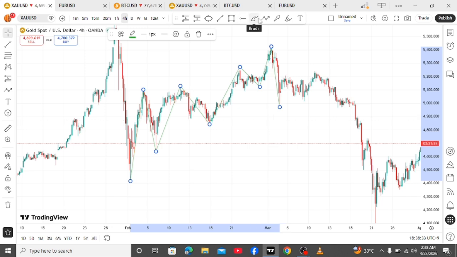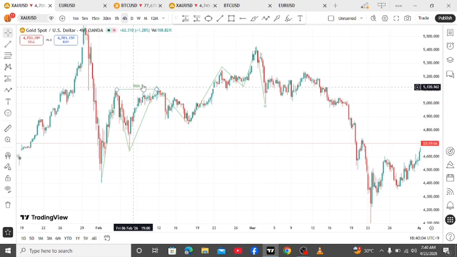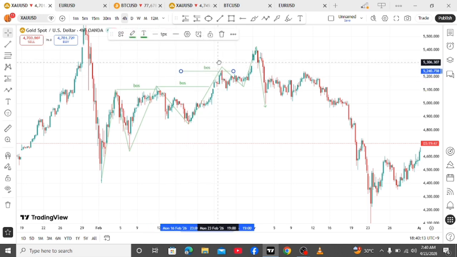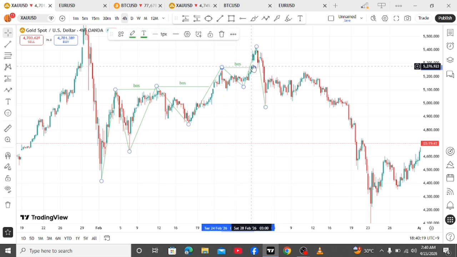So let's make a quick recap about this from the break of structure. So these are your break of structure. So these are your break of structure. This is how you know that the market is really moving up, because it's breaking the highs.